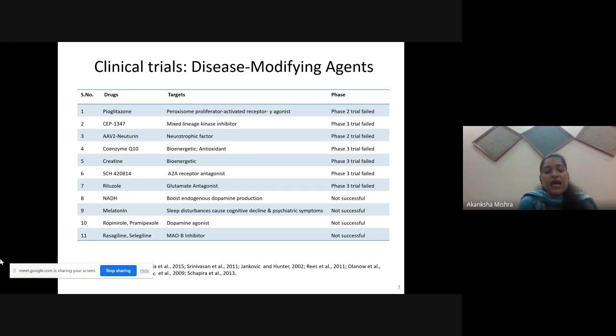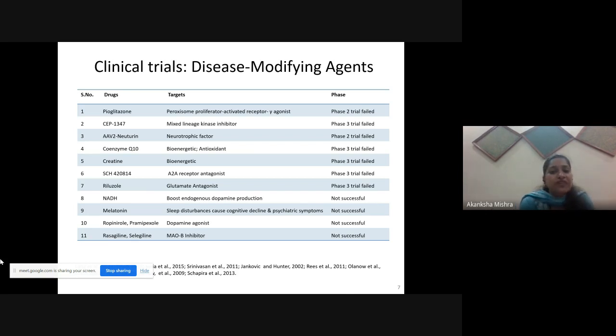The reason is either that they got inconclusive results, meaning no exact results, or that symptoms were getting worse. So the basic problems with Parkinson's were still there. If we see these drugs, first of all, there is pioglitazone.